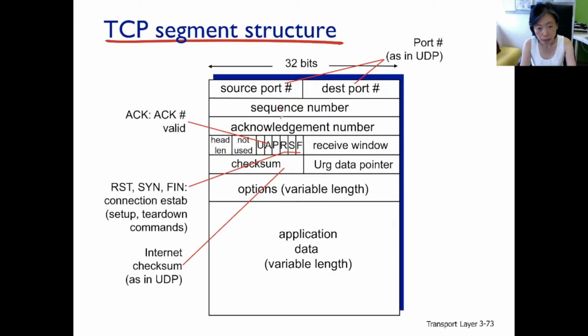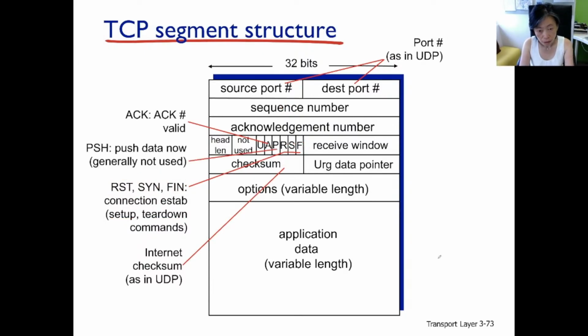And these three R, S, and F bits are there to indicate packets being used to do connection management. For example, the SYN packet is to set up connections. The FIN packet, which is Latin for the end, conveniently, is to tear down a connection. RST, or the R bit here, means reset, that is to re-establish the connection, to reinitialize certain parameters between the sender and receiver of a TCP.